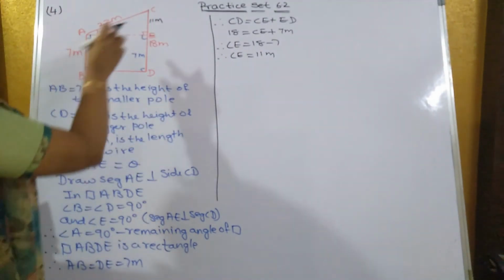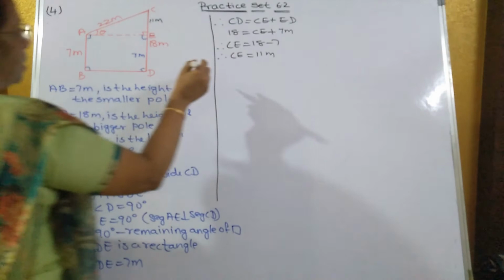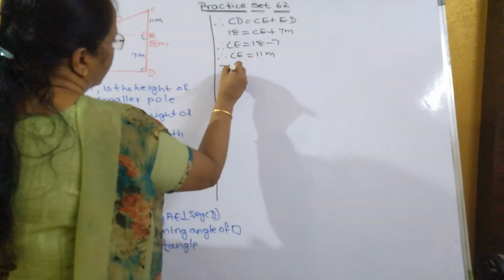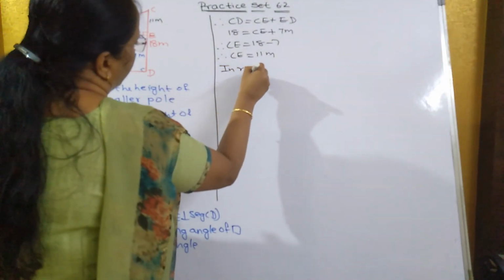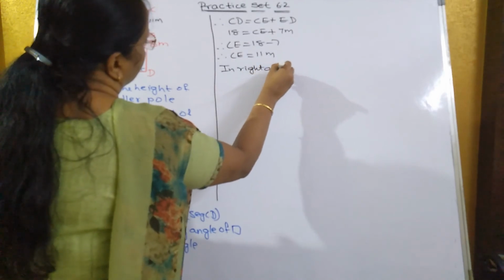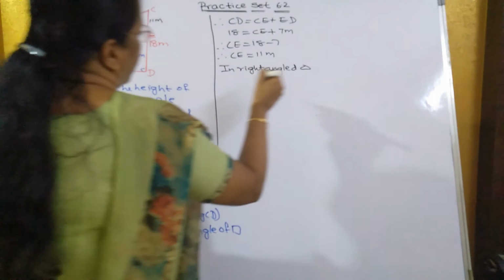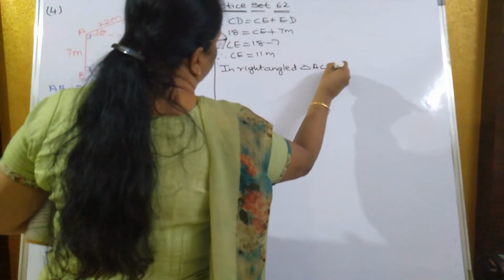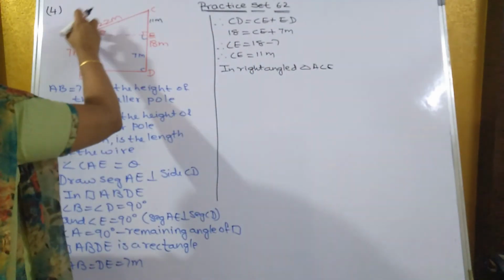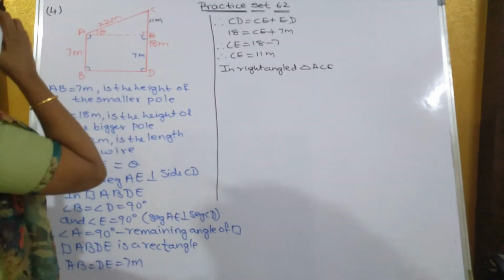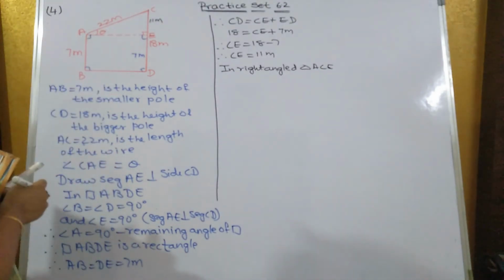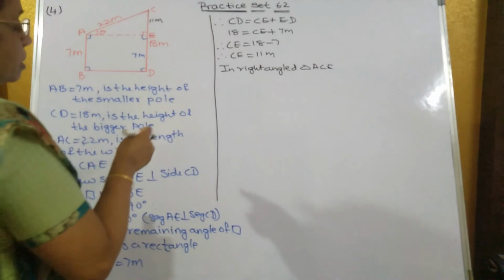Now we know the opposite side in triangle ACE, right angled triangle. Triangle ACE, we know the hypotenuse, we know the opposite side. So in which trigonometric ratio we have opposite side and hypotenuse? Sine theta.